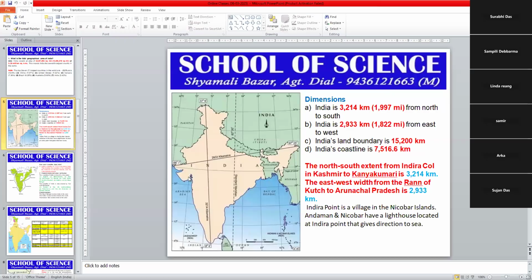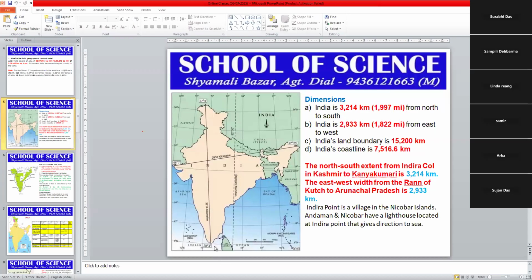The land boundary that we share with Pakistan, Afghanistan, China, Myanmar, Bangladesh is 15,200 kilometers. And India's coastline is 7516.6 kilometers. Coastline is the blue colored part. The blue colored is here, this is the part of the Arabian Sea.